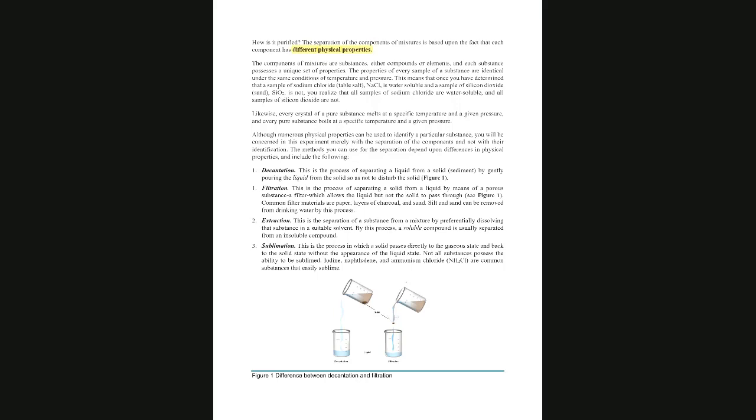So we are using decantation in our experiment. In this experiment, you are going to learn decantation. What is decantation? You probably know, it sounds familiar, but let's look at this picture that they put here. Decantation is the process of separating a liquid from a solid by softly pouring the liquid from the solid without disturbing the solid on the bottom.